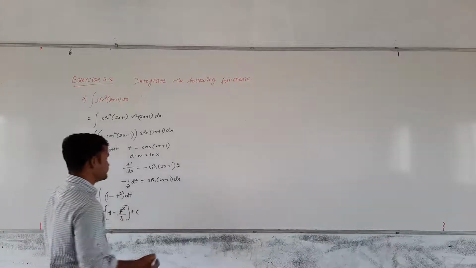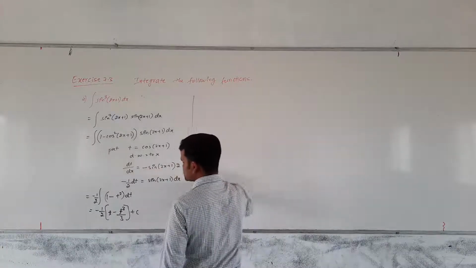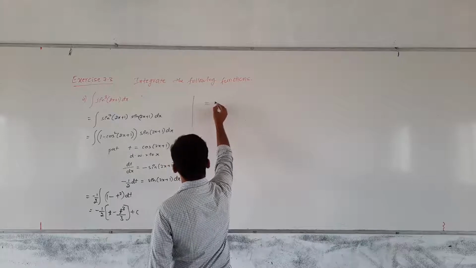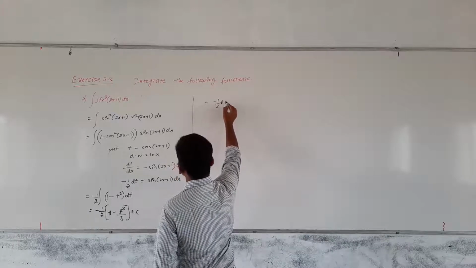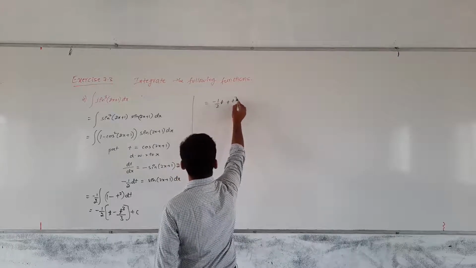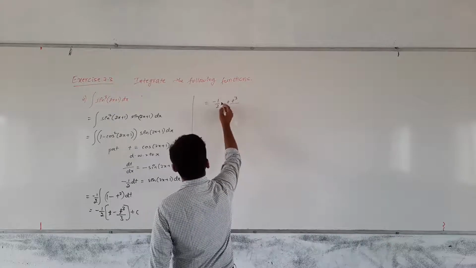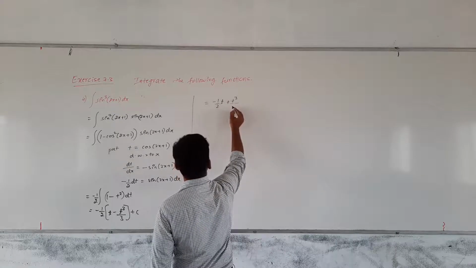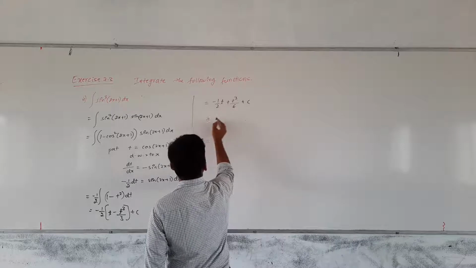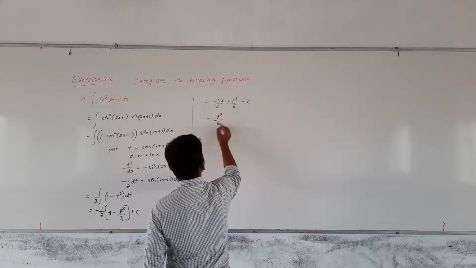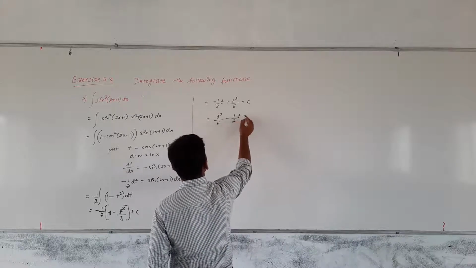Minus 1 by 2 will multiply with both the terms. This can be written as minus 1 by 2 into t, plus t cube by 2 into 3, that is 6, plus c. This is t cube by 6 minus 1 by 2 into t plus c.